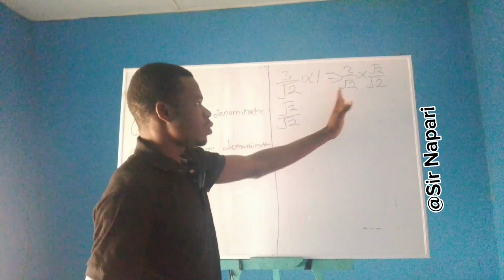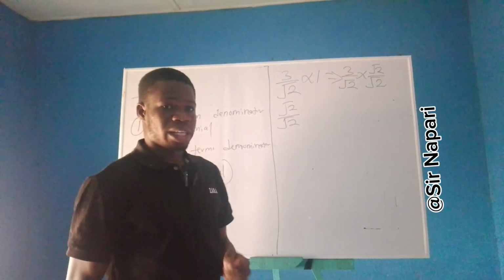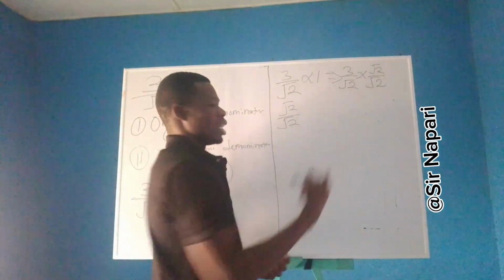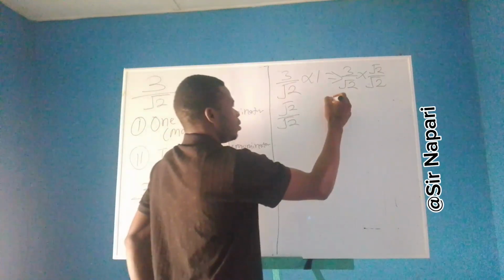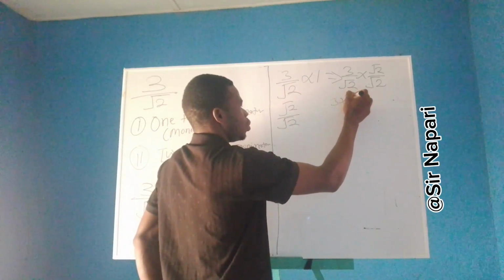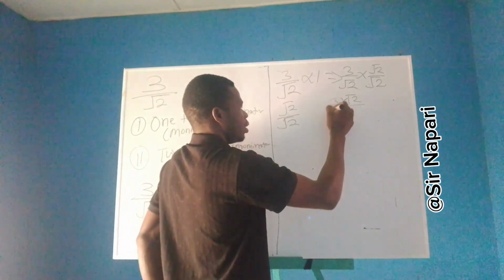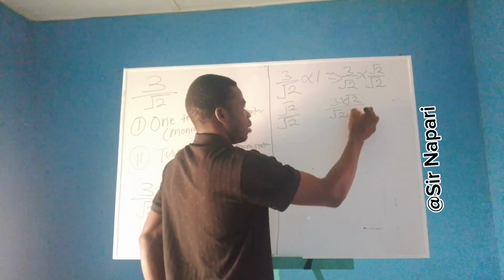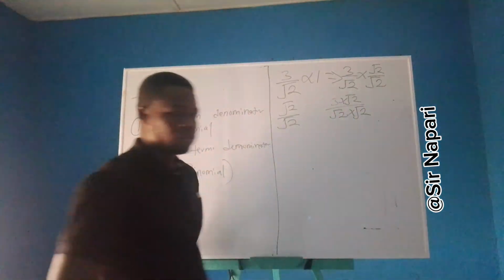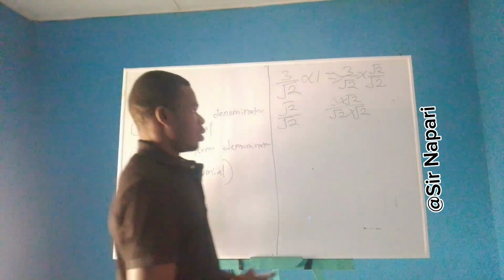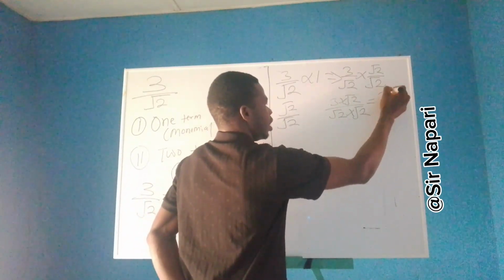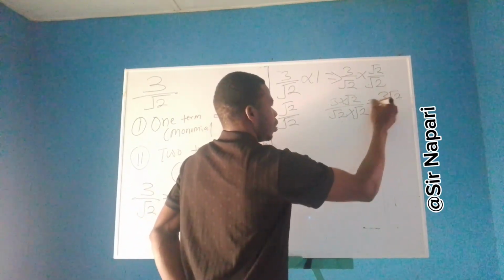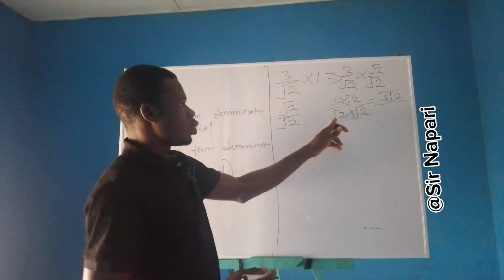So here, when you have two fractions and then you are multiplying, we multiply the numerators and equally multiply the denominators. So we have 3 times root 2 all divided by root 2 multiplied by root of 2. Now, we simplify. 3 times root 2 will give you 3 root of 2 all divided by root 2 times root 2.